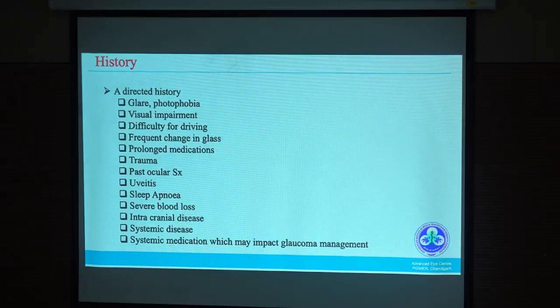The history should be directed, for example toward glare or photophobia, because visual acuity is often normal. Sometimes the patient may just complain of decreased contrast sensitivity, maybe in the form of glare.